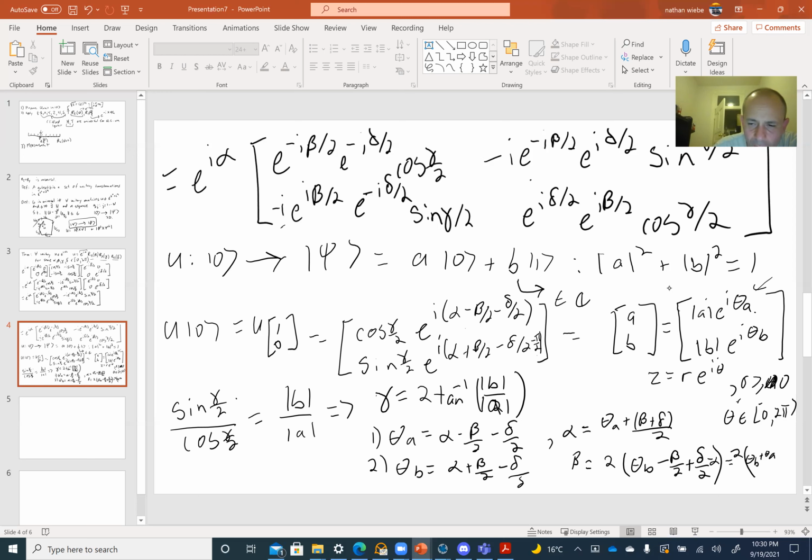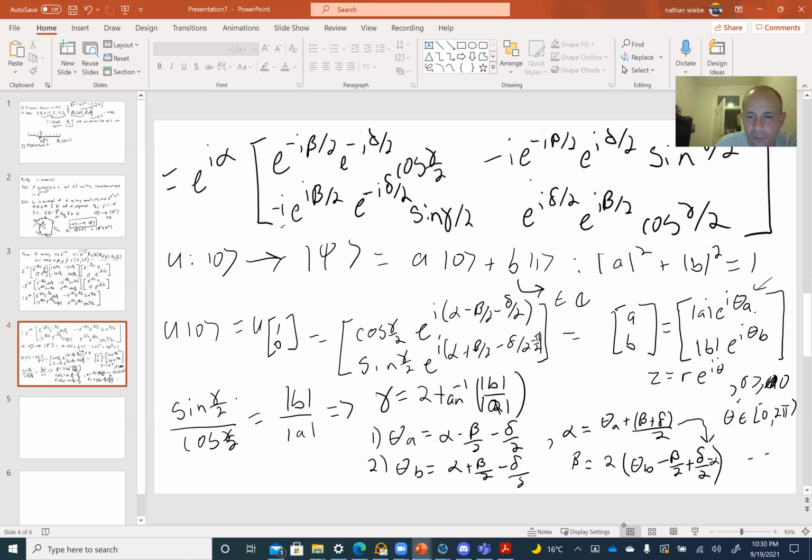I won't bother with the substitution, but we can substitute in the value of alpha for this expression, and we'll get a unique value of beta that satisfies this and only depends on delta.